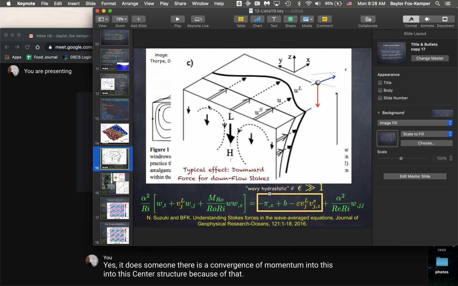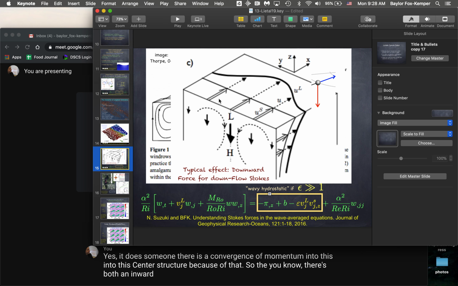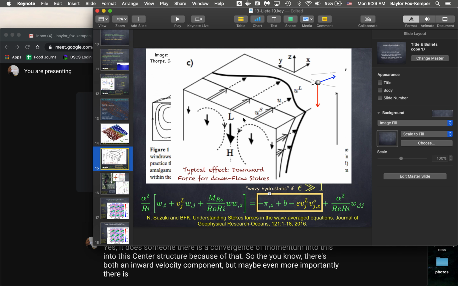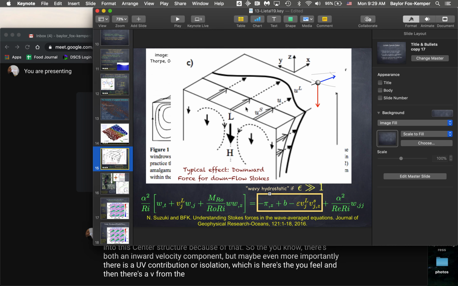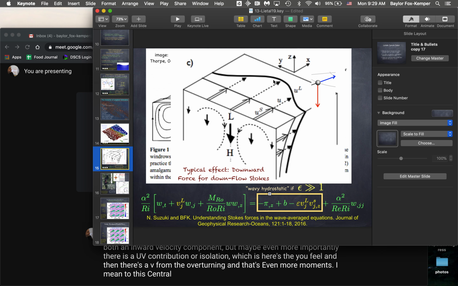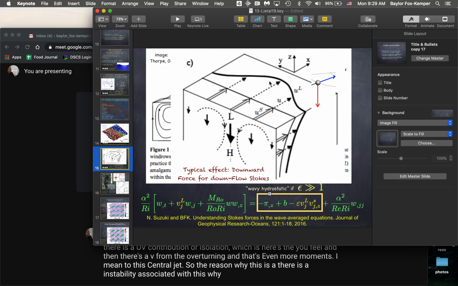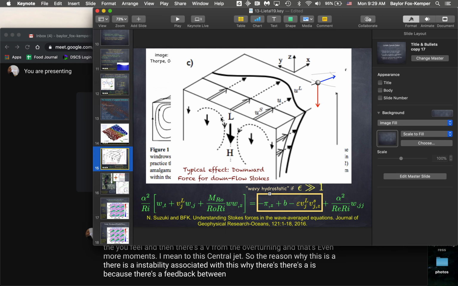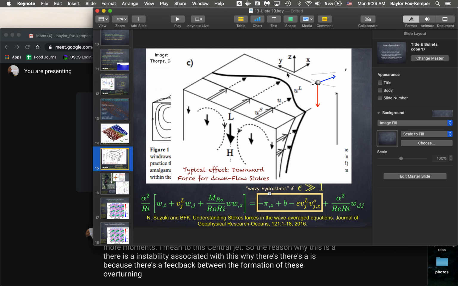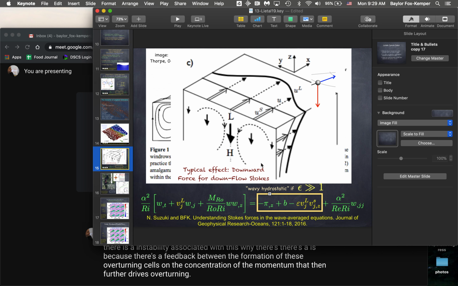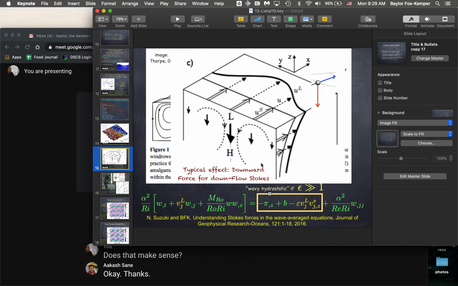So there's both an inward velocity component, but maybe even more importantly, here's the U field, and then there's a V from the overturning, and that's converging even more momentum into this central jet. So the reason there is an instability associated with this is because there's a feedback between the formation of these overturning cells and the concentration of the momentum that then further drives overturning. Oh, okay. Does that make sense? Yeah. Thanks.